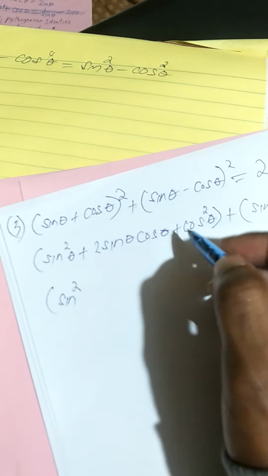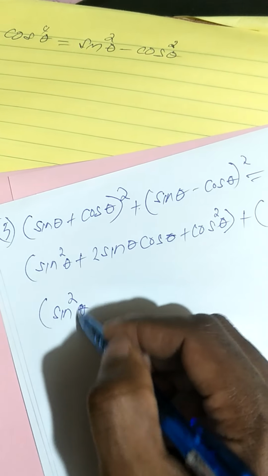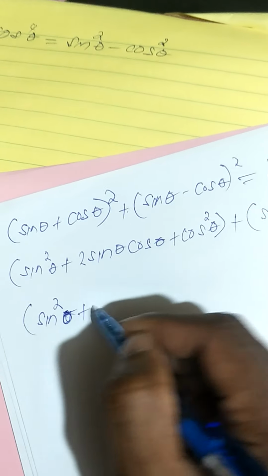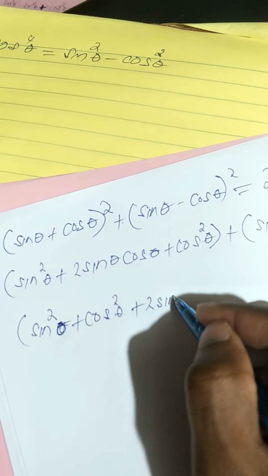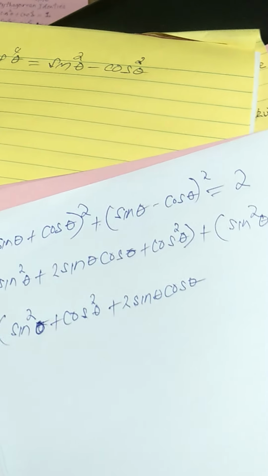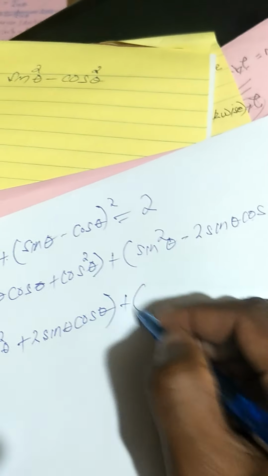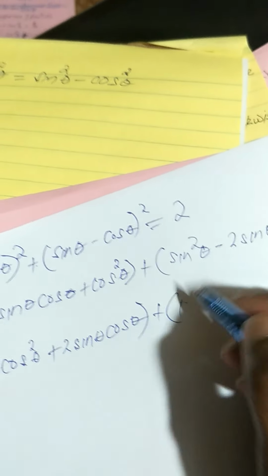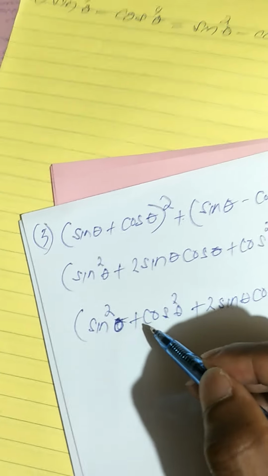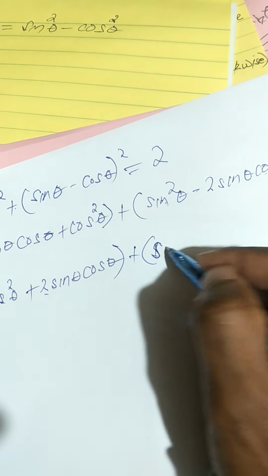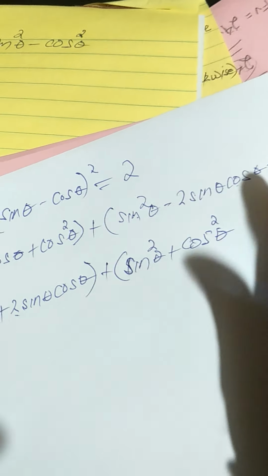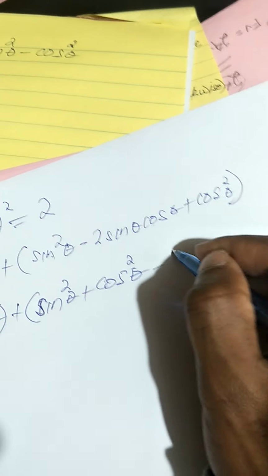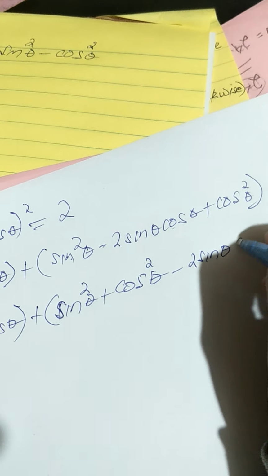So if I arrange it, sin theta squared plus cosine theta squared plus 2 sin theta cosine theta close brackets plus, I'm going to rearrange it same as this one, sin theta squared plus cosine theta squared minus 2 sin theta cosine theta close brackets.